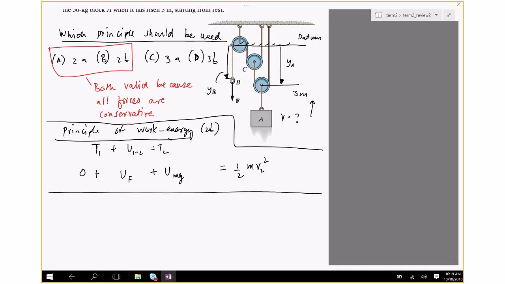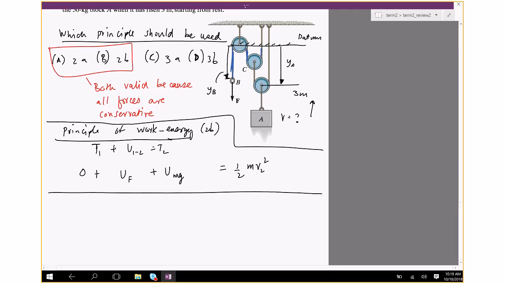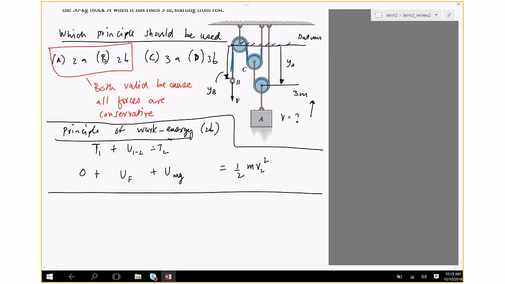Let's try to find the length of the cable, the one highlighted in blue. In this case I actually have 2 cables: one of them is wrapped on B and C, and the other one is wrapped on A and connects to C, one shown in red and one shown in blue.